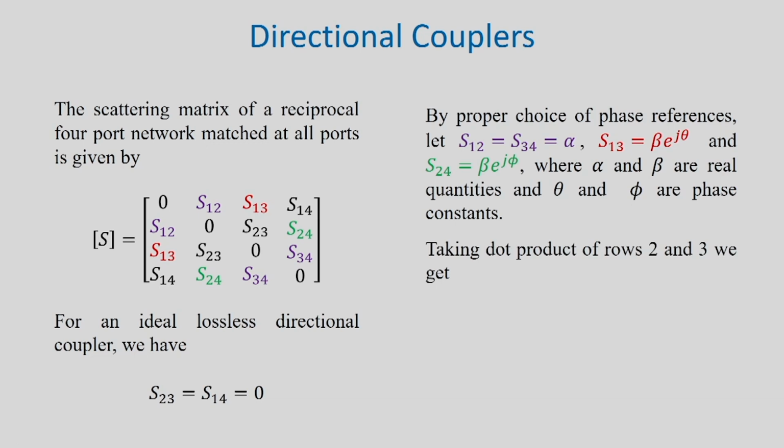Now, if you take dot product of row 2 and row 3, then we get S12 conjugate S13 plus S24 conjugate S34 is equal to 0. We get the same from columns 2 and 3 as well.